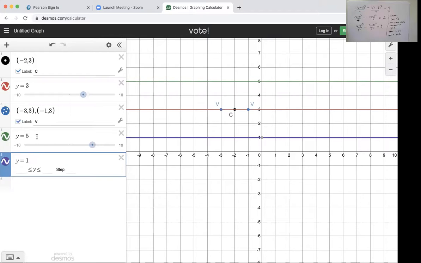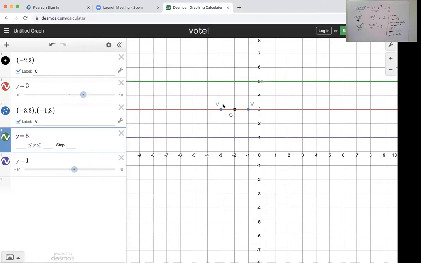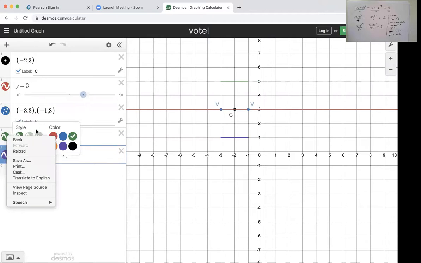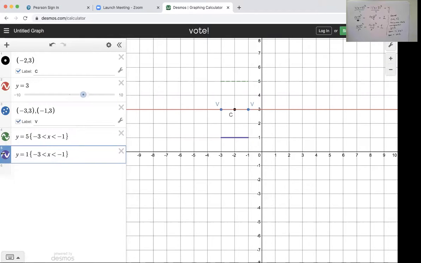It'll be the upper and lower part of the box, which is going to range from vertex to vertex, negative 3 to negative 1. So that'll be the upper part of the box and the lower part of the box. And then we need this part.